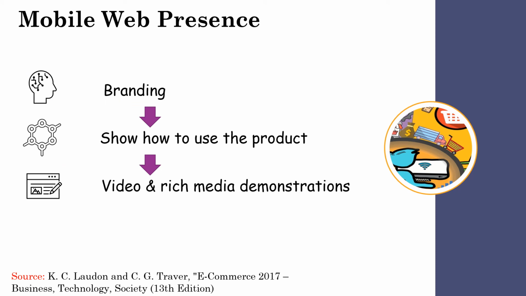If we have branding objectives, the system functionality of an e-commerce site in a mobile web presence shall show how to use the product, and the information requirements are video and rich media demonstrations.